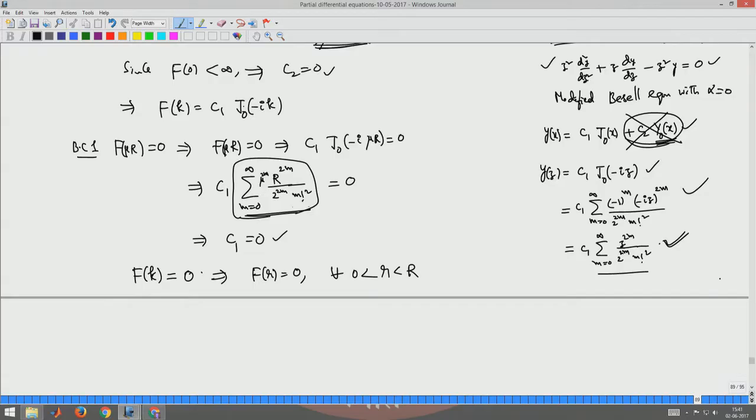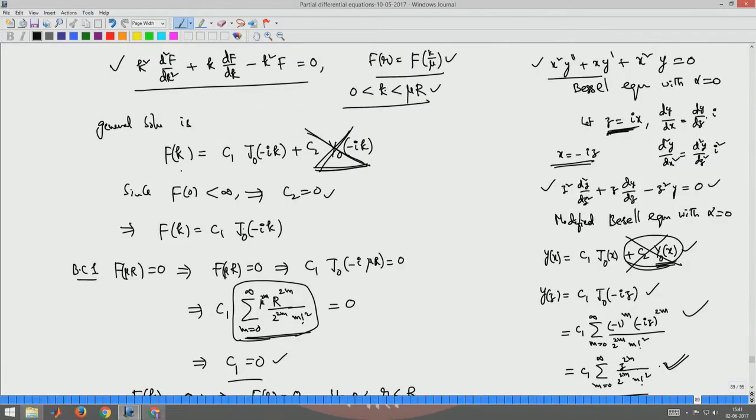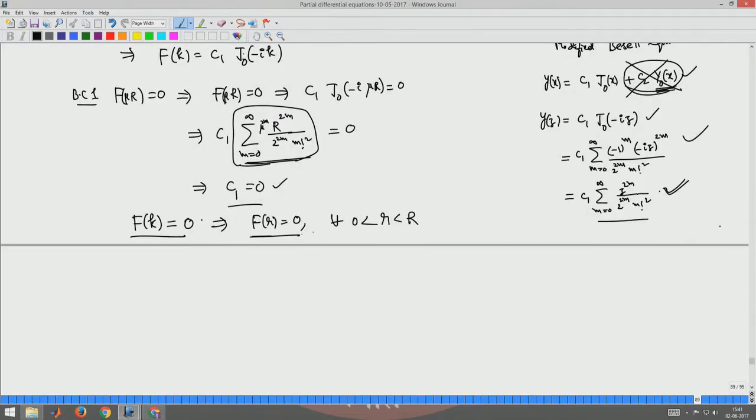So, this cannot be 0 because mu is positive, R is positive. So, it implies this. So, you have f of k is 0, and that implies f of r is also 0 in this domain. F of k is 0 in the domain between 0 to mu R, so f of r is 0 in this domain. So, that implies lambda equal to mu square is not an eigenvalue.